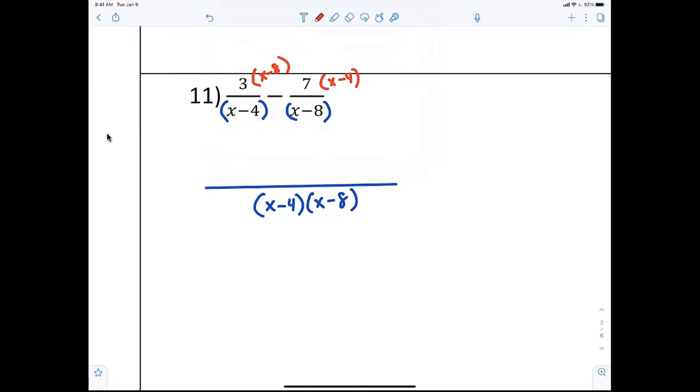Now I can just distribute the 3 and the 7 minus... 3. When I distribute the 3, it becomes 3x minus 24. All right, now you got to be careful, William, right? Because I'm distributing a what? Yeah, you're distributing a -7. That's what he was trying to tell me. When I distribute a -7, I end up with -7x plus 28.